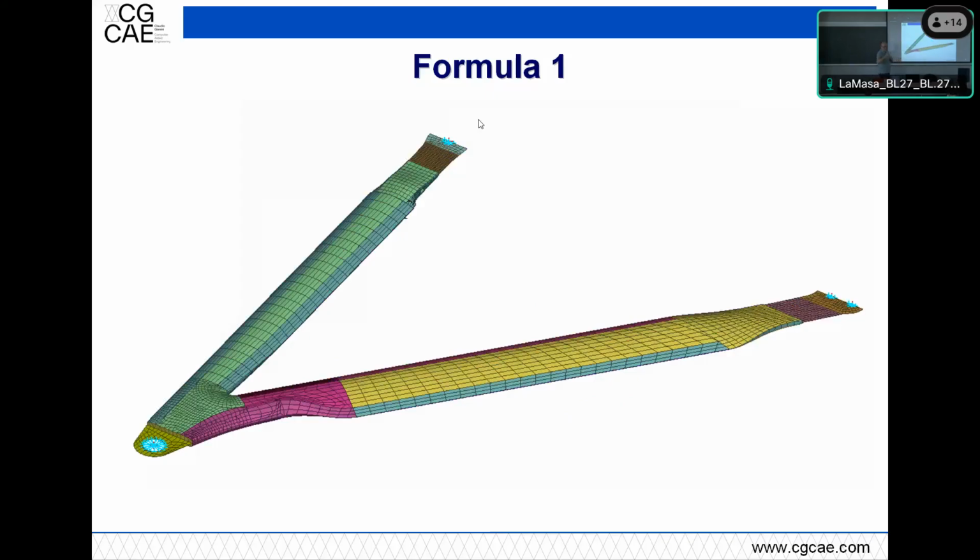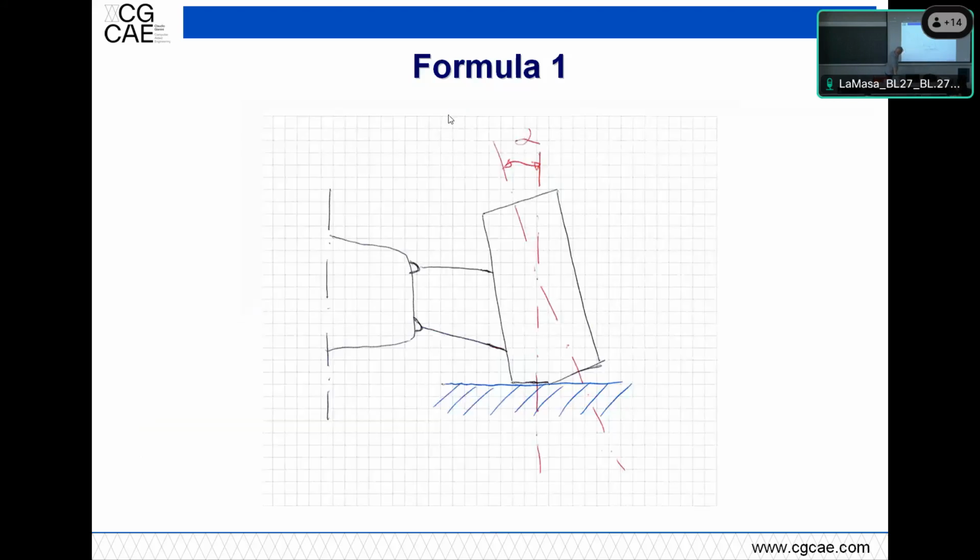But of course, with huge deflection, carbon does not have that much elasticity, so to say, in the sense that once you reach a certain level, it breaks and it goes. So you need to be really careful on that.